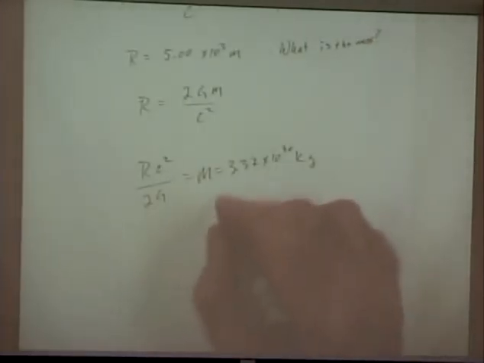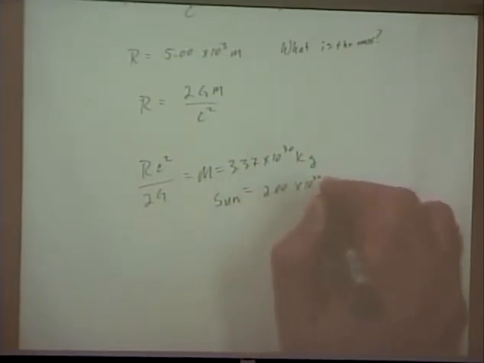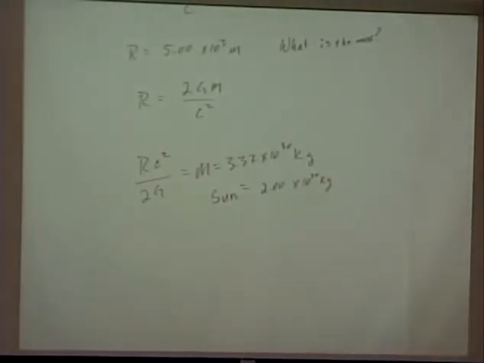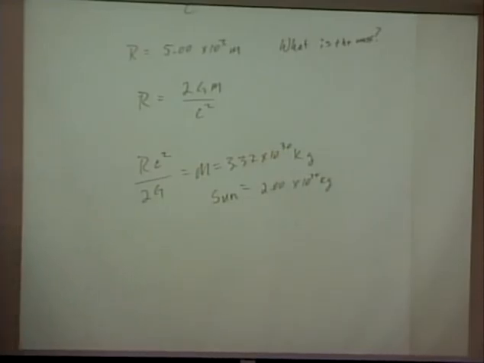The mass of the sun is 2.00 times 10 to the 30th kilograms. So this little black hole, only about 10,000 meters across, has this amount of mass. Extremely massive.